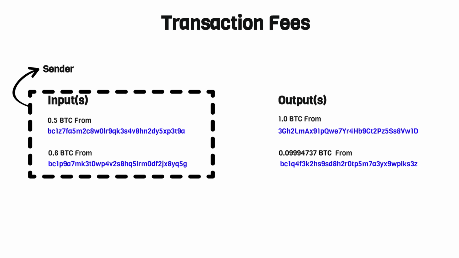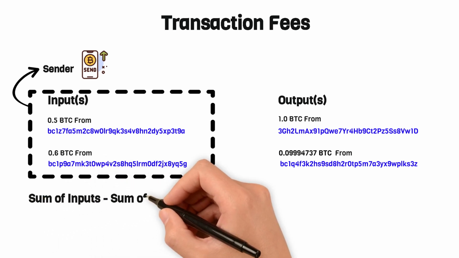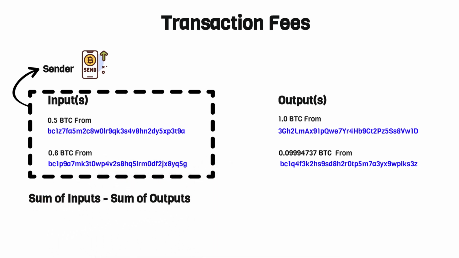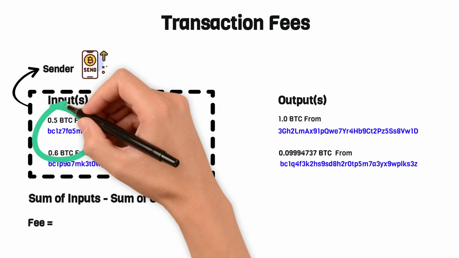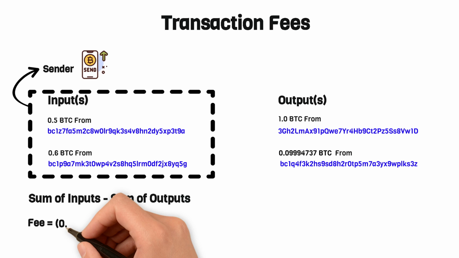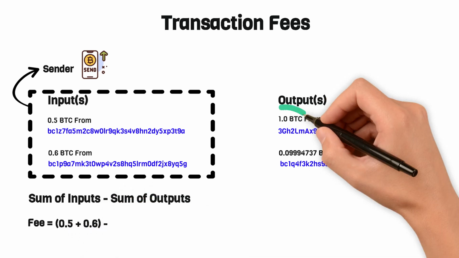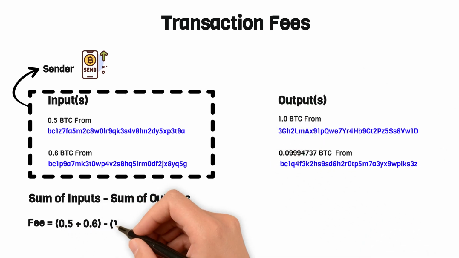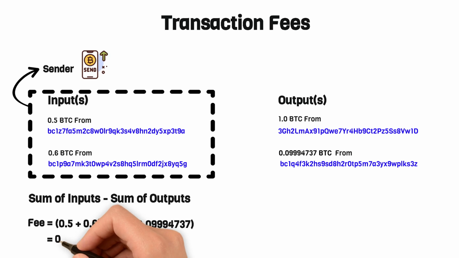Once the transaction is created, the fee can also be calculated using a simple formula: the sum of all inputs minus the sum of all outputs. In this example, the fee is calculated by adding the 2 inputs, 0.5 and 0.6 Bitcoin, and then subtracting the 2 outputs. Now, whatever amount is left over becomes the transaction fee.